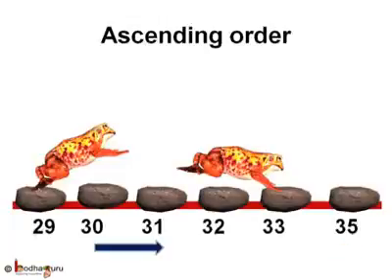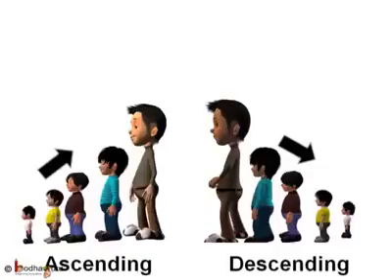From start to end, all the numbers are in ascending order. Understood? So now you know ascending order is going from the smallest to the greatest number, and descending order is going from the greatest number to the smallest number.